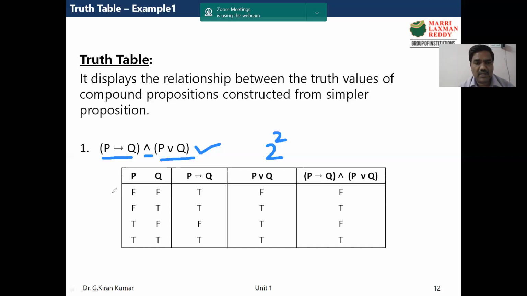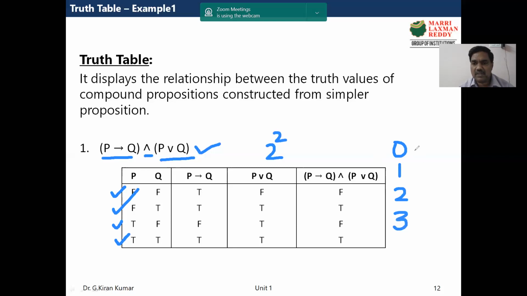Now, the next point is how we construct these combinations of false and true. Here, internally, we are following the binary number representation for the given decimal numbers. Four rows means we take the decimal numbers 0, 1, 2, and 3, starting with 0.